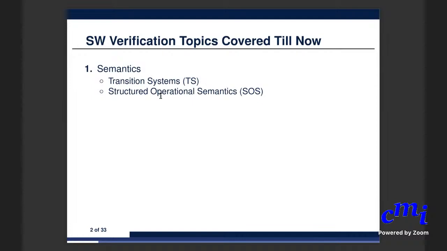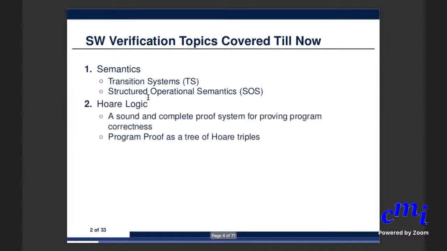Then we defined it in a bit more detail. This was somewhat low level. So here we also looked at the structural operational semantics, where the set of execution traces denoted by the program were defined inductively over the syntactic structure of the program.